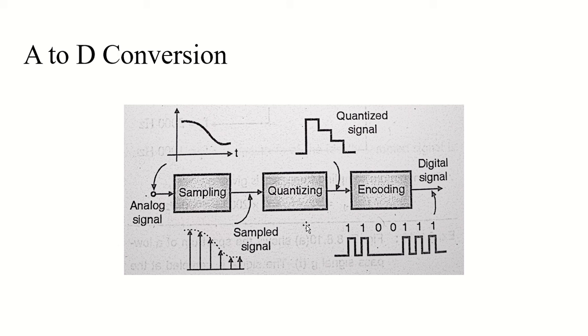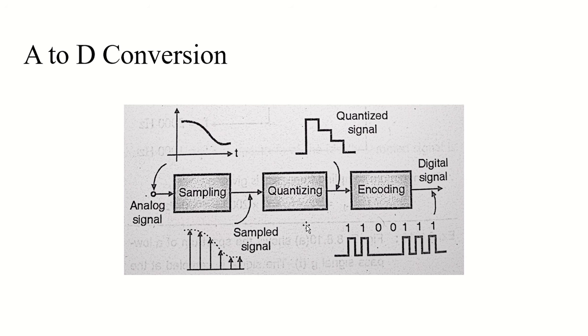Then you have the quantizer, which basically does the quantization. What is quantization? It is basically a process of approximation, or you can call it round off of your signal, right? Round off is not exactly the appropriate word, but to understand it you can use it as well.